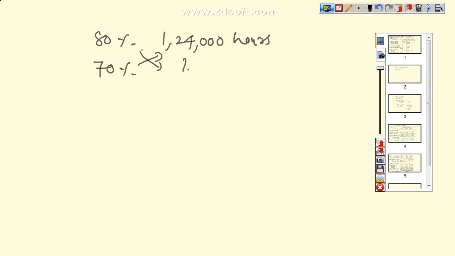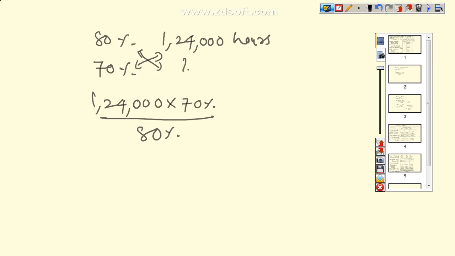For 80% capacity it is 1,24,000 hours. So how to calculate for 70% capacity? That is simple cross multiplication, that is equal to 1,24,000 multiplied by 70% upon 80%, that is equal to 1,08,500.